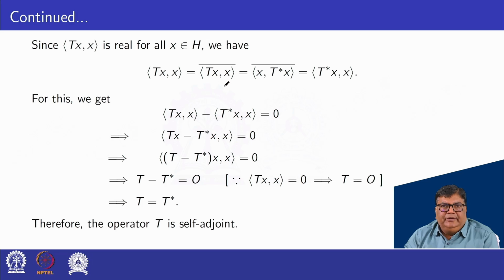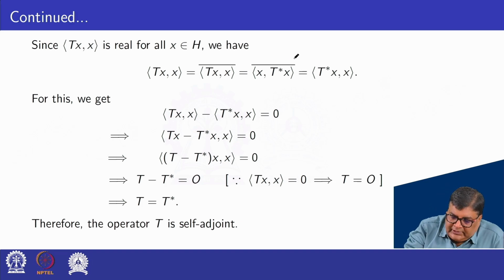So as per the definition of adjoint operator, inner product of Tx, x can be written as inner product of x and T star x, and the conjugate of this. Again, if we change the position, we get double bar of inner product of T star x, x, that is inner product of T star x, x.